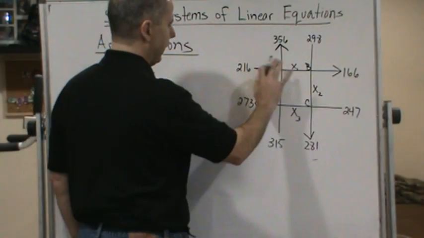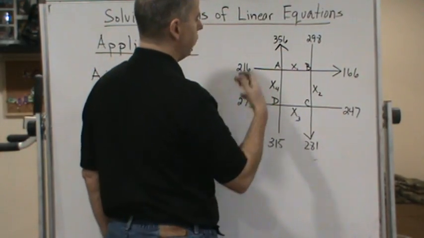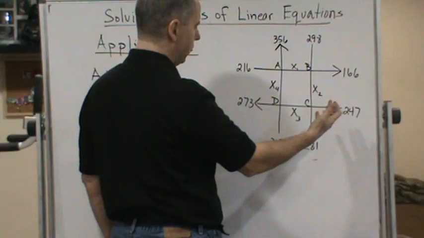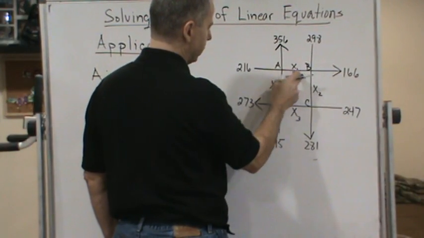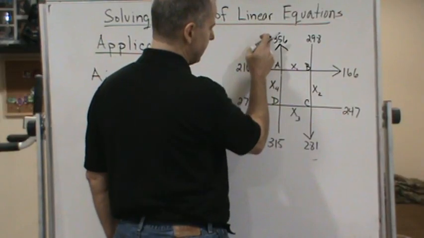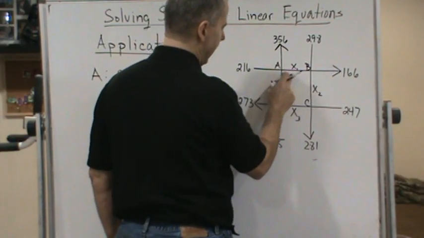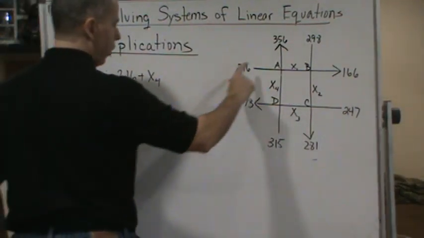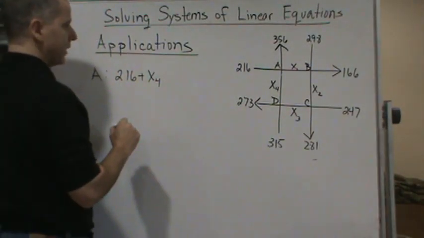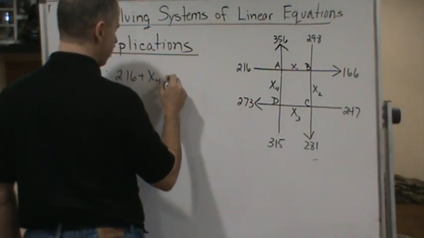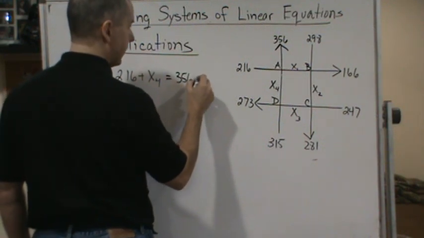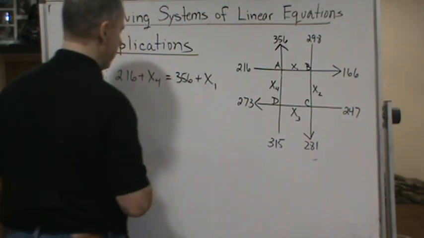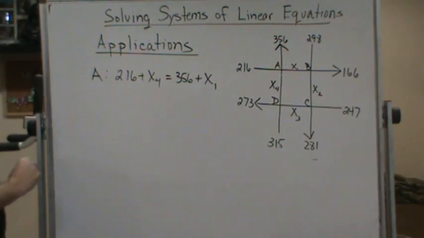Now that flow rate should equal the flow rate going away from intersection A, which would be this route and this rate. So it'd be 356 out and then x1 going along AB, that stretch of road AB. So that should equal 356 plus x1. So there's one of our equations.